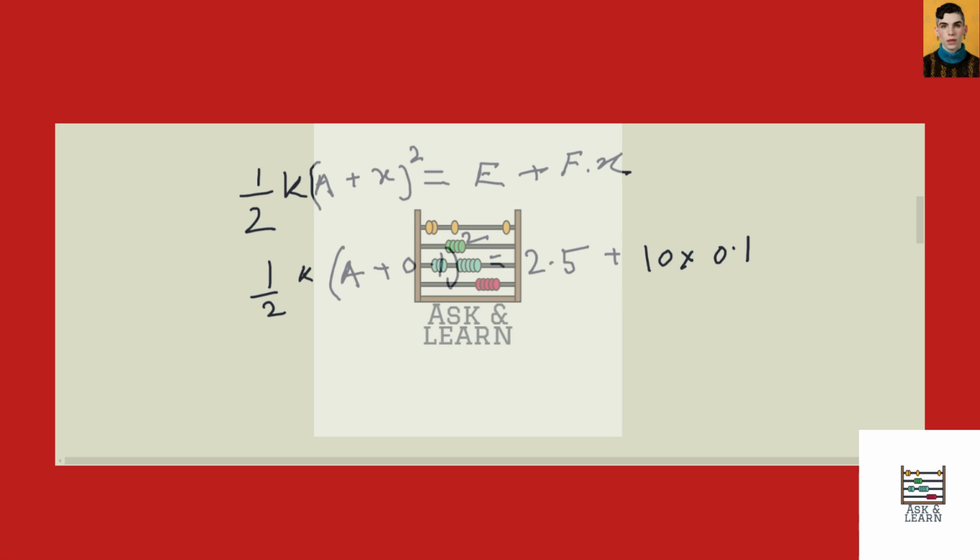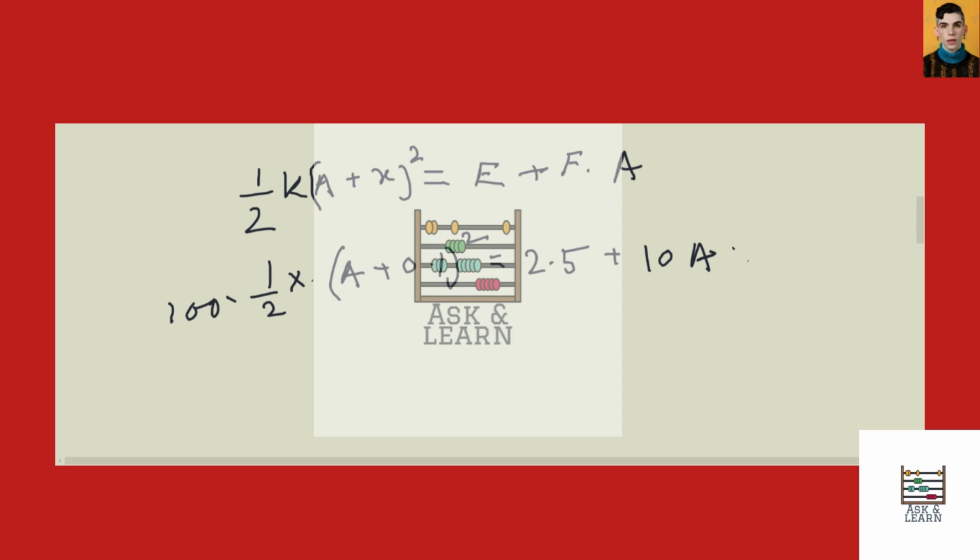Okay, and here we have k equal to 100. Actually this x will be, this is actually A, right? Because due to this force the body moved full amplitude. So this is A.